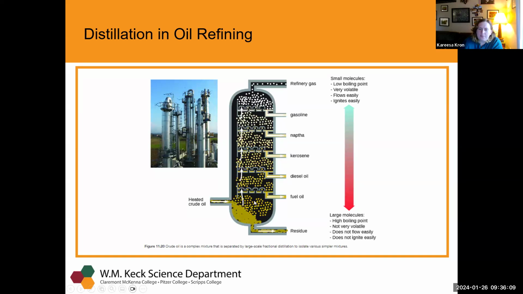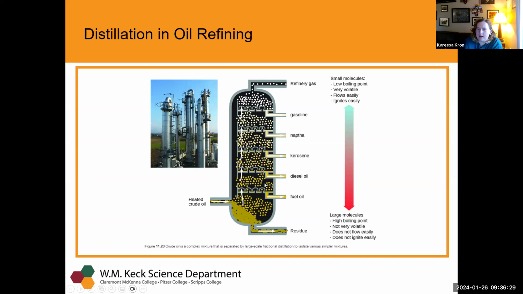And what you do is you heat up the bottom of this distillation tower, and it causes the molecules that can vaporize and travel up the condenser.